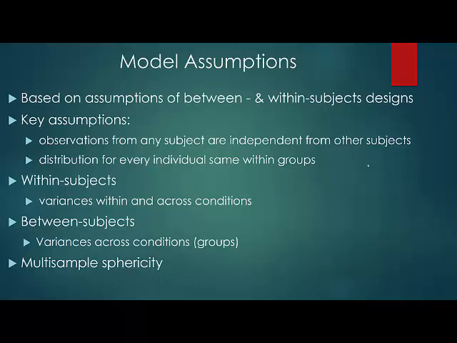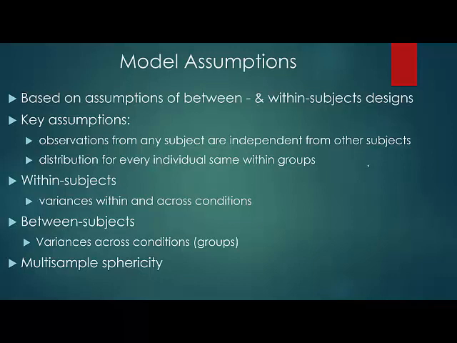So the variances within the groups are equal across the different levels of the within subjects factor, but then we also have to meet the assumption of sphericity. For the between subjects factor, again, this is just like what we saw within the one-way ANOVA or the factorial ANOVA: the homogeneity of variance, that is, the variances across whatever number of groups.